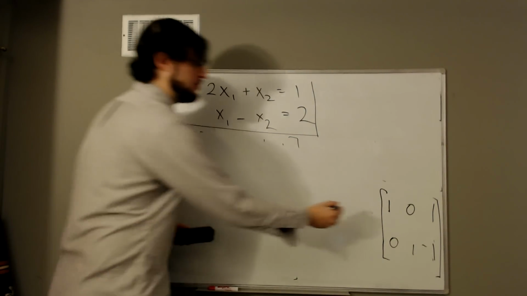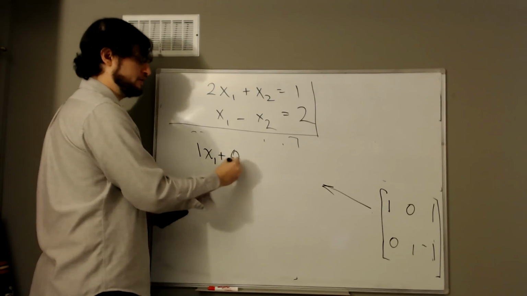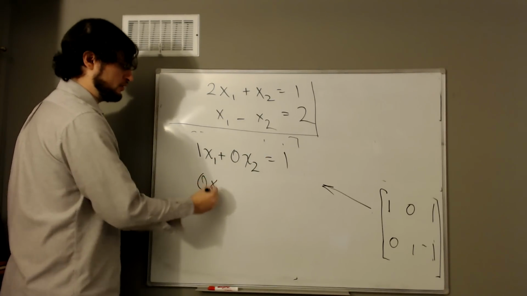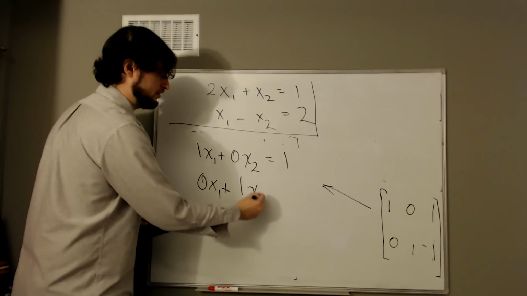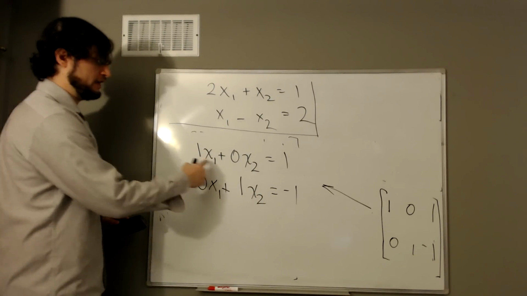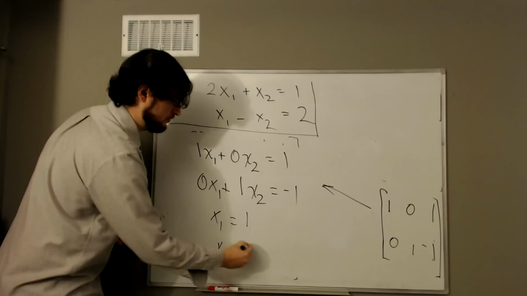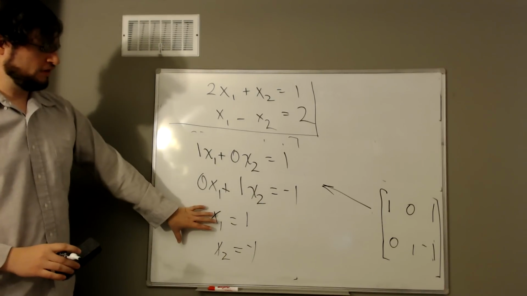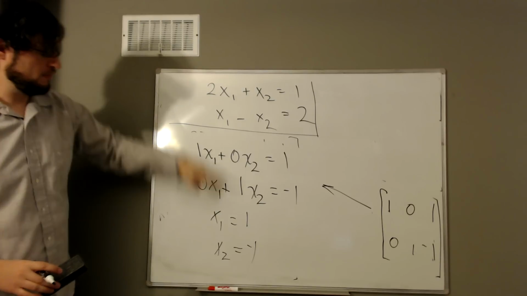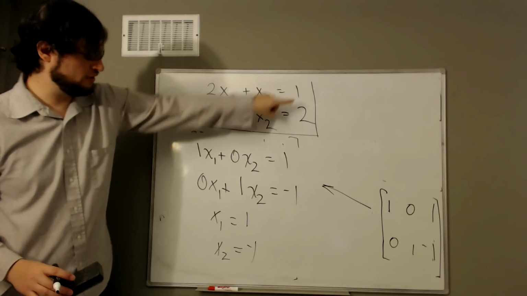But if I return this to a system of equations, it becomes 1 x1 plus 0 x2 is 1, and 0 x1 plus 1 x2 is negative 1, which is the same thing as saying x1 is 1 and x2 is minus 1. And if we look at our original system of equations, I plug 1 in for x1 and minus 1 in for x2, I get 2 minus 1, that's 1, good.